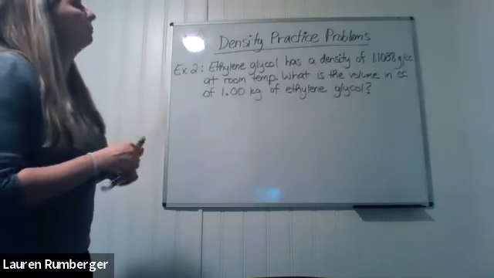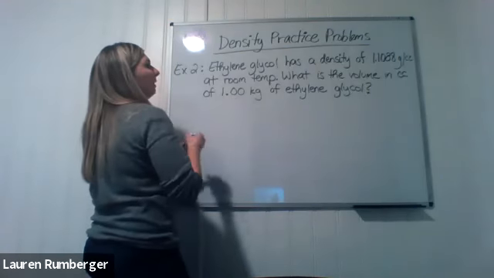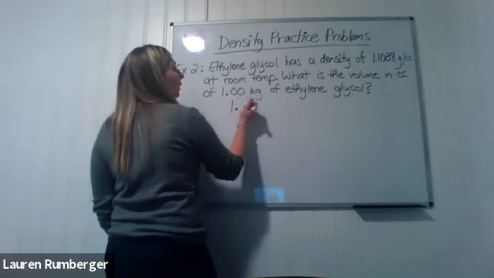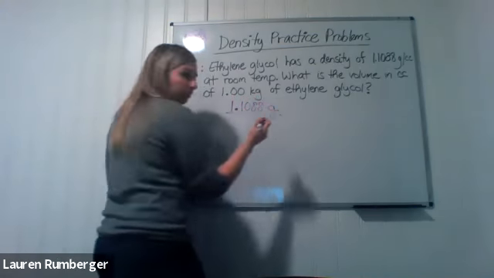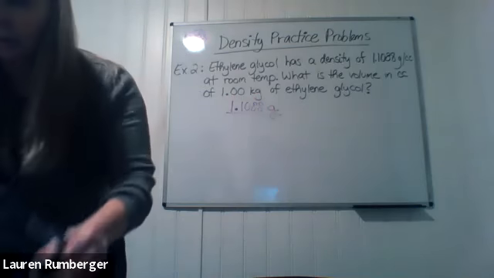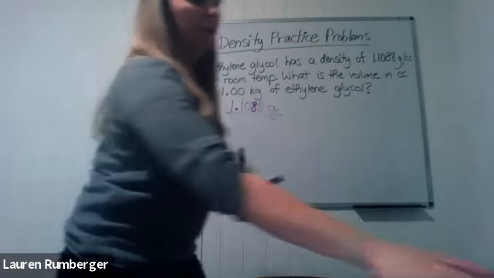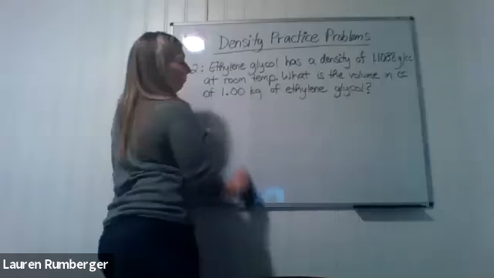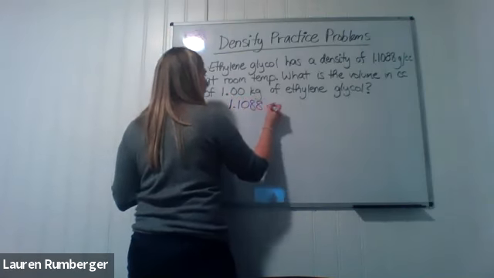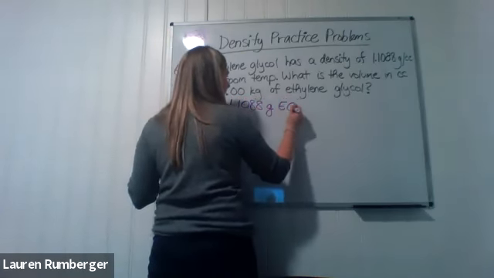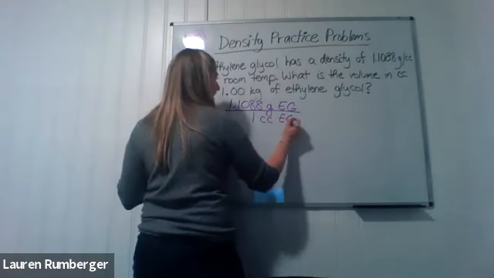So what we're going to recognize is that the density can be written as 1.1088 grams of ethylene glycol, I'm going to abbreviate it, per 1 cubic centimeter of ethylene glycol.